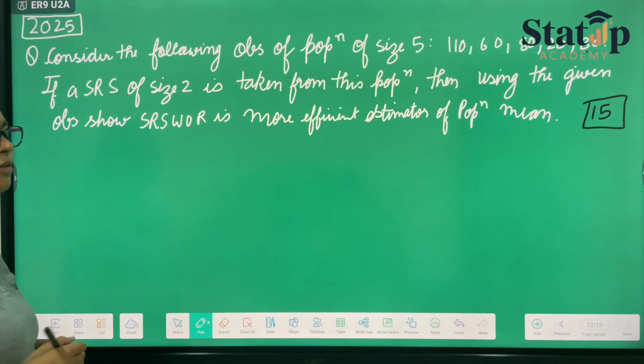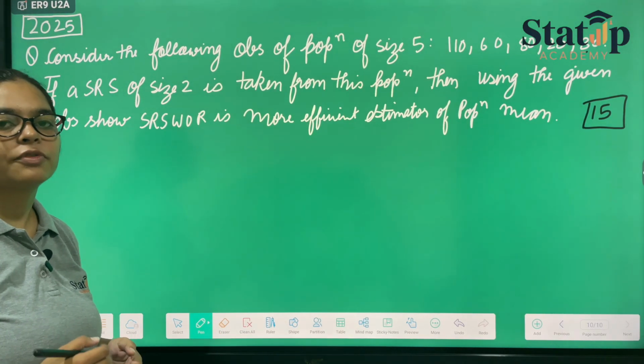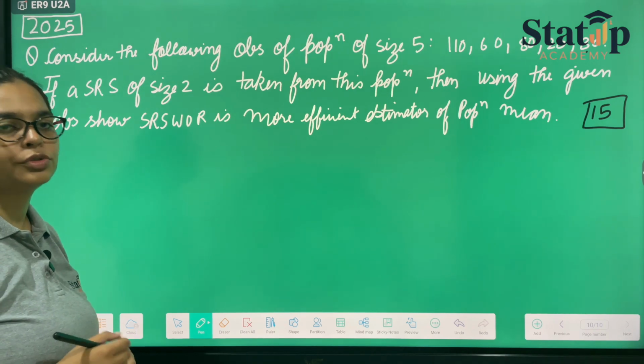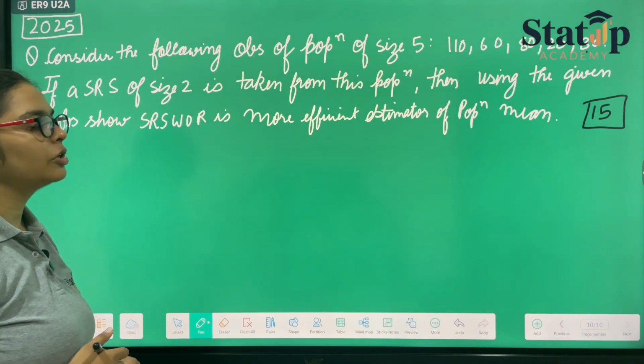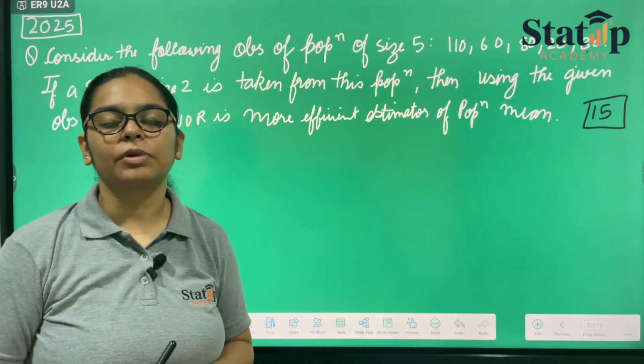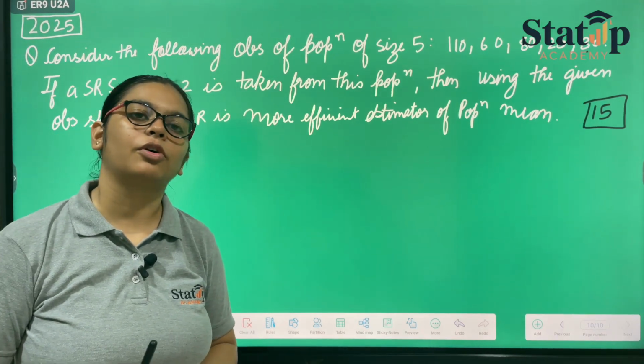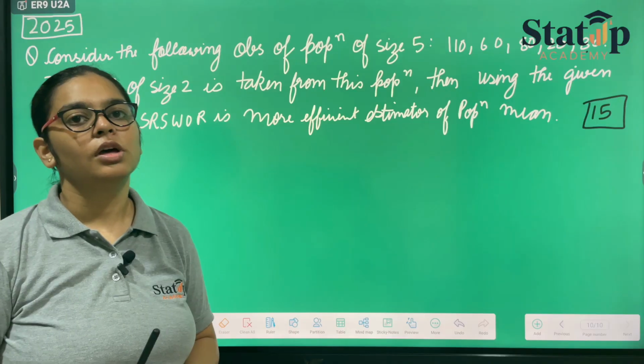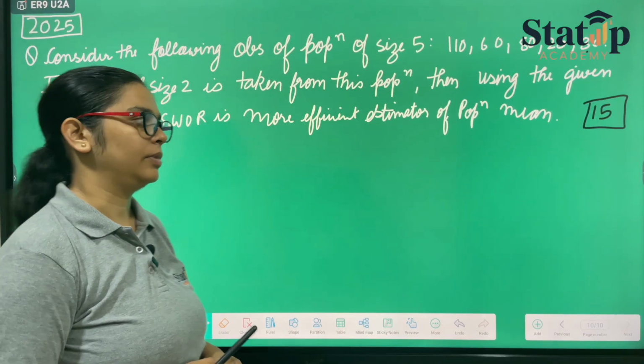We have to take a simple random sample of size small n equals 2, and prove that simple random sampling without replacement is more efficient for population mean as compared to simple random sampling with replacement.